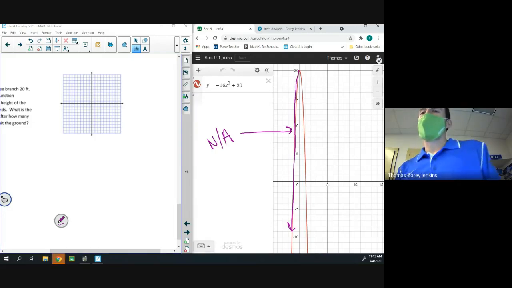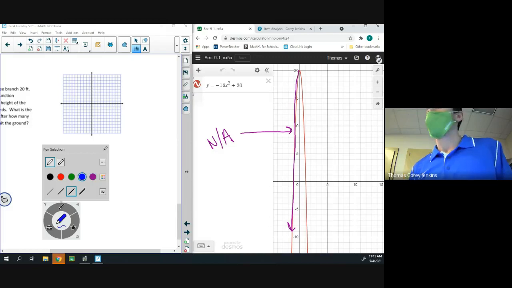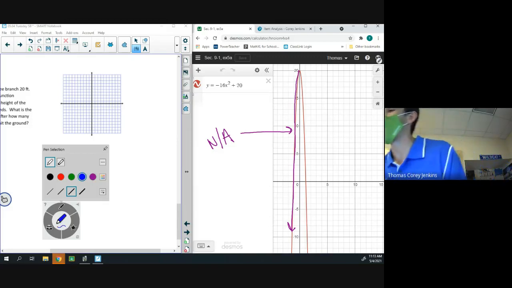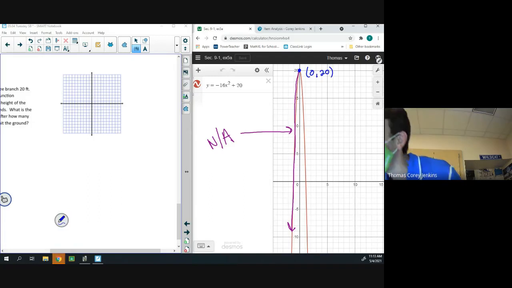So let's go ahead and try to look in detail so I can get a really accurate picture of what I have. So it seems pretty obvious that it goes through 0, 20, it looks like. It's kind of tough to tell where it crosses, where 1 goes to, so I can't really tell just by looking at this point.